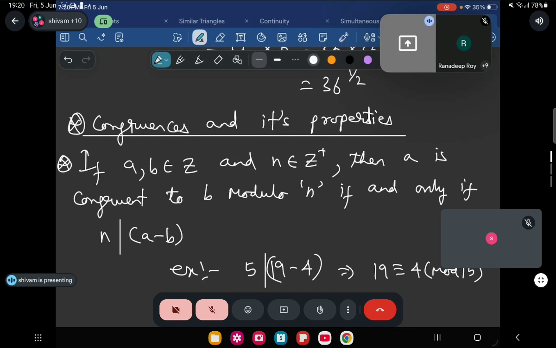Tell me in mod 7. Over here it should be mod 7. Tell me two numbers such that their difference is divisible by 7. Quickly think.